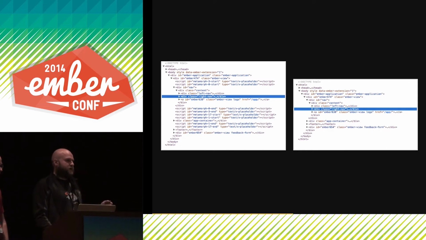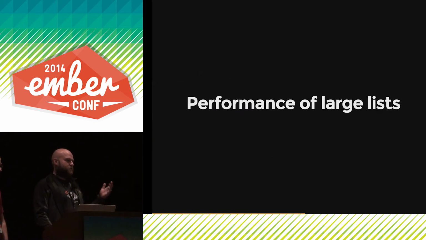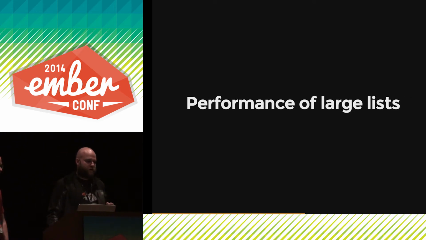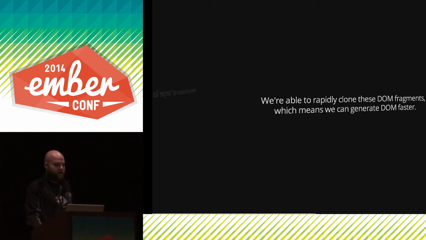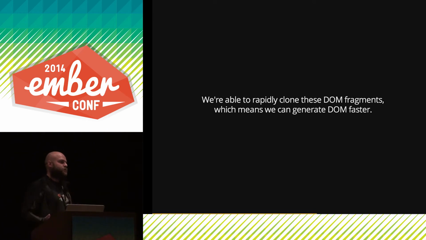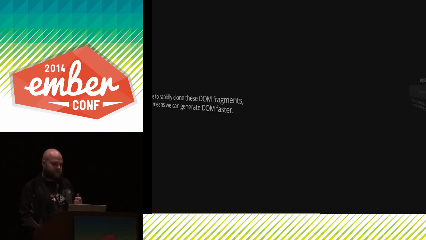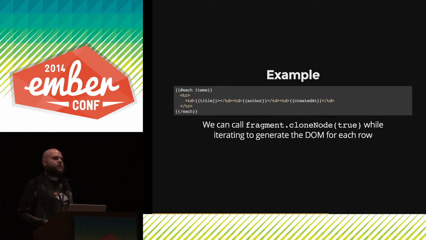So what's the other big feature that people care about? The dreaded performance of long lists, large lists. So in HTMLBars, we're able to solve this problem cleverly, or help solve this problem, by being able to rapidly clone DOM. So when you've got an each helper, you're defining a set of markup that's going to be repeated over and over and over again, right?